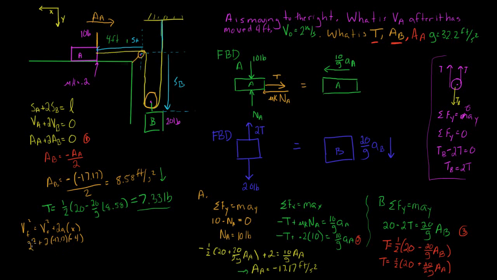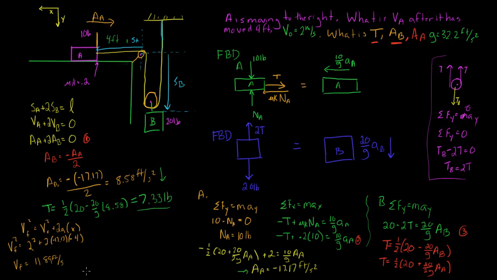So this is what our final velocity squared is going to be equal to. And when we do this out, we have the final velocity is equal to 11.89 feet per second. So this is how fast this block is moving.